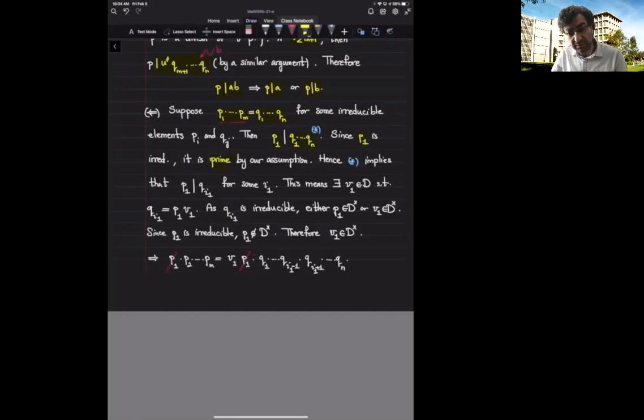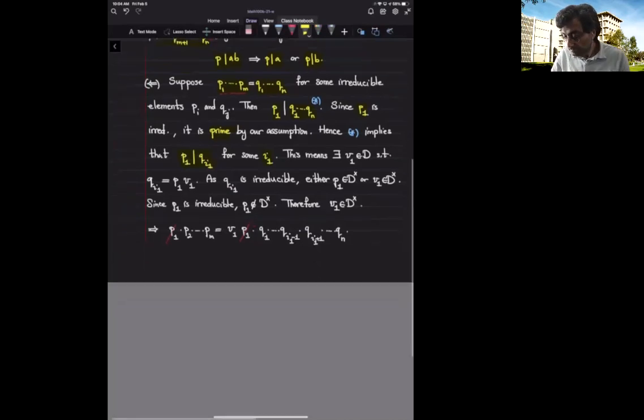Because P sub 1 divides the product of Q sub i's, Q sub 1, Q sub 2, up to Q sub n, it should divide one of them. So I can find some index, I sub 1, such that P sub 1 divides Q sub I sub 1.